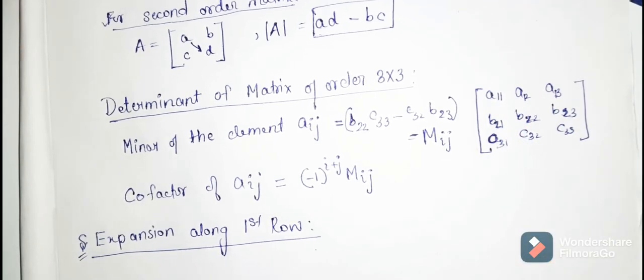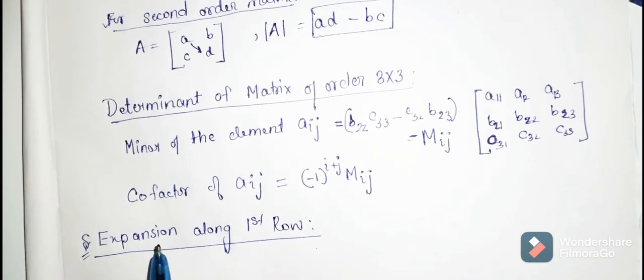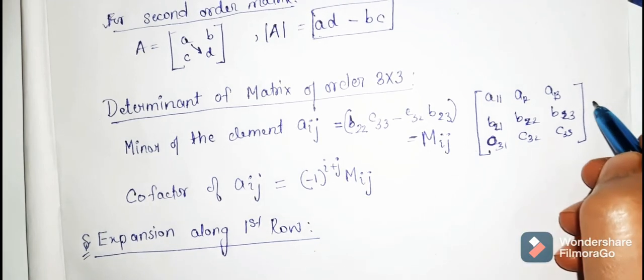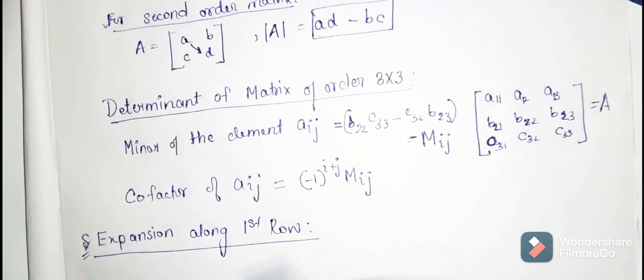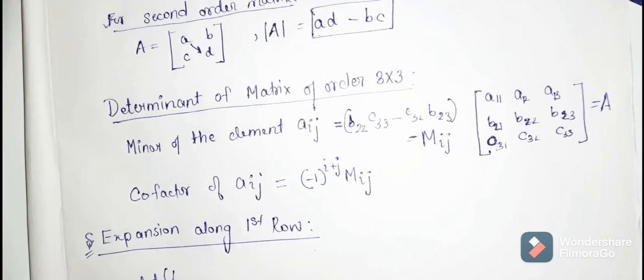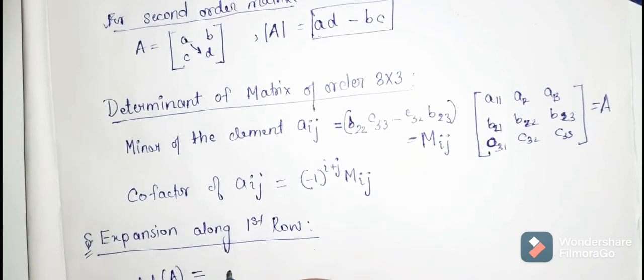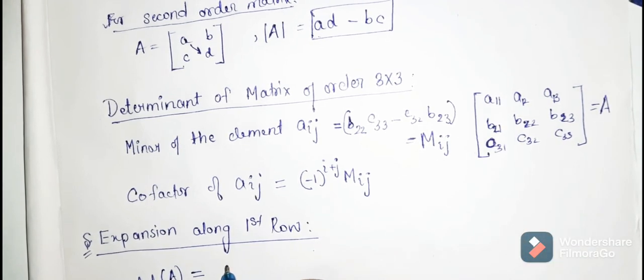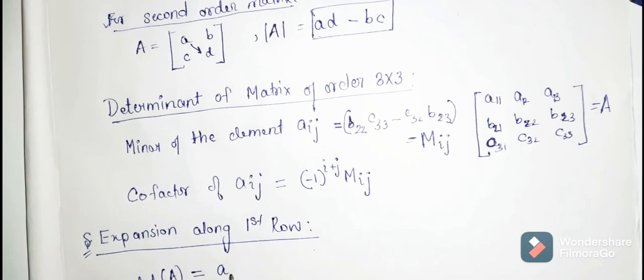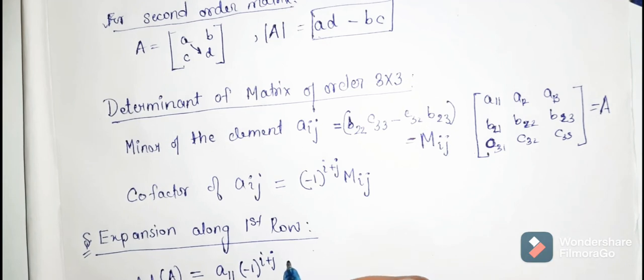So along the first row, how do we expand? If this is matrix A, then the determinant of A: the first element is A11, so you write A11, times (-1) to the power 1 plus 1, this is your cofactor sign, and then M11.